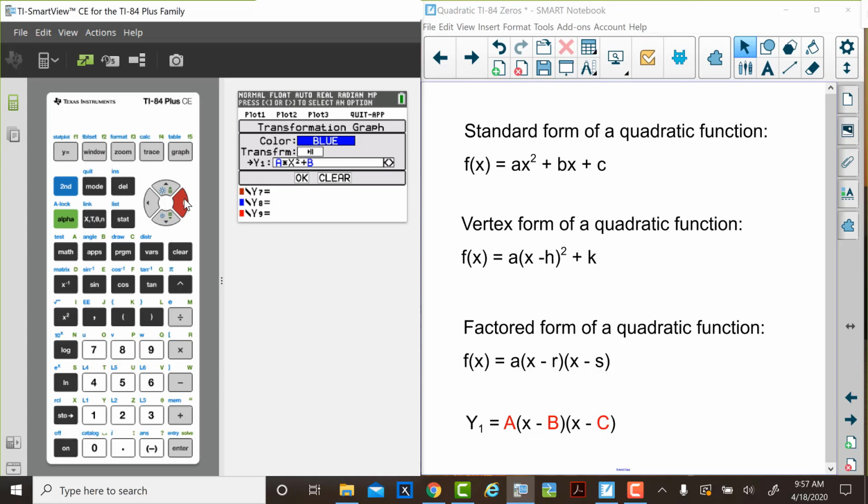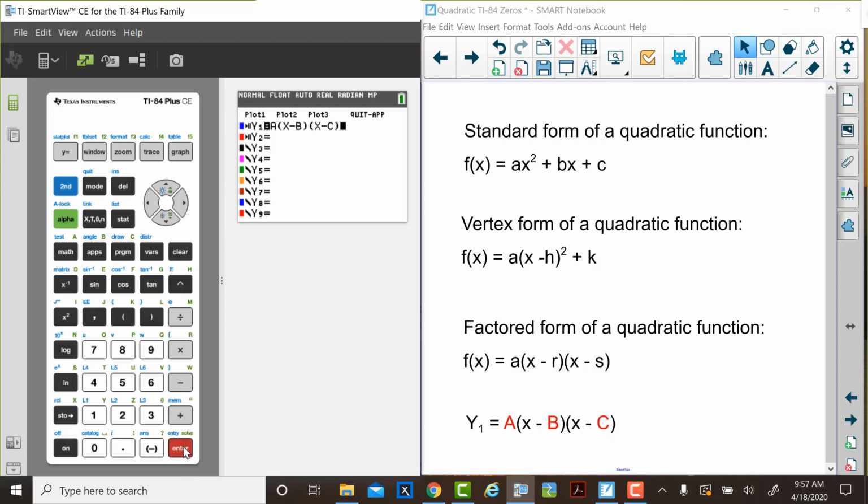One of the ones that's been preloaded is the factored form, a multiplied by x minus b times x minus c. Judy's going to arrow to OK and choose that. Alternatively, you could simply type this equation in Y1 using your keypad.